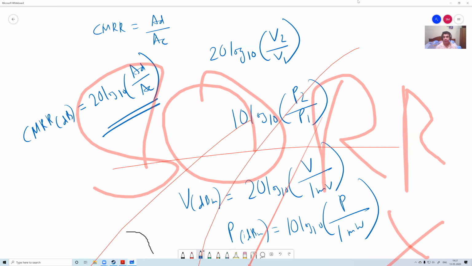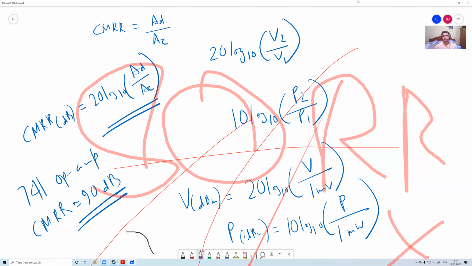Right? And good commercial op amps have CMRR around 90 dB. For the 741 op amp, CMRR is around 90 dB. Right? Okay. And the last definition is slew rate.